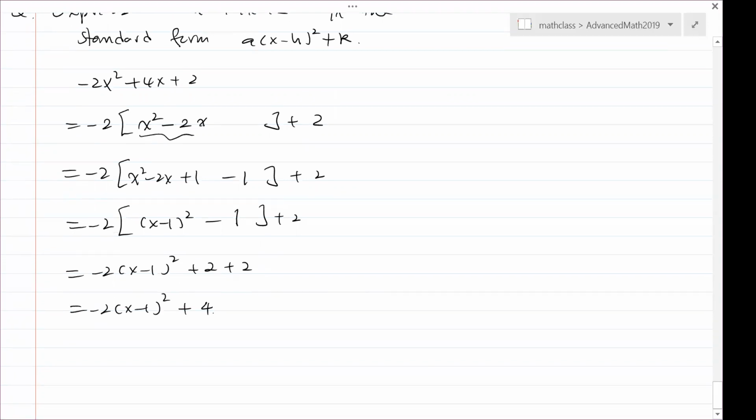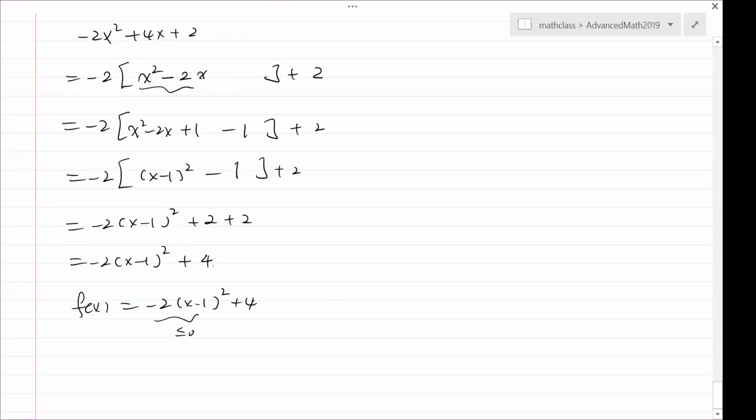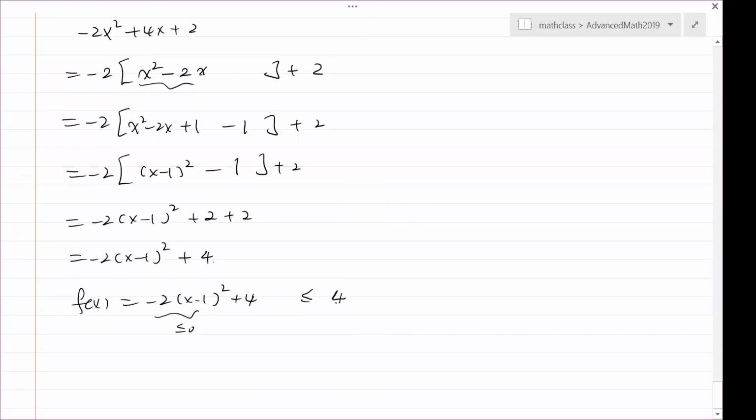Now, if you are able to express it in this form, then you will get the following information. First of all, this term is never positive, right? So it's always less than or equal to 0, plus 4.